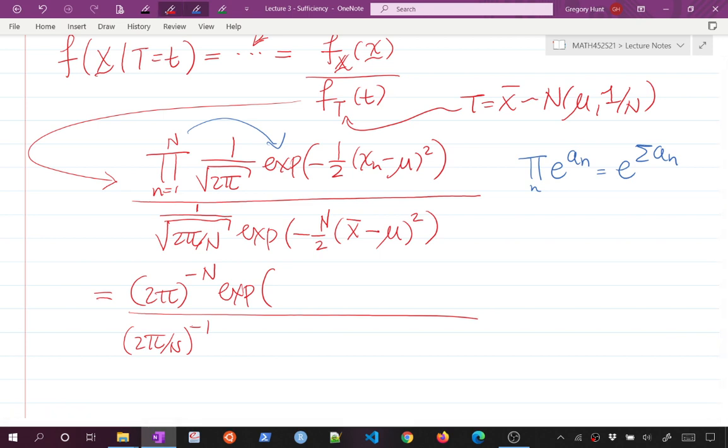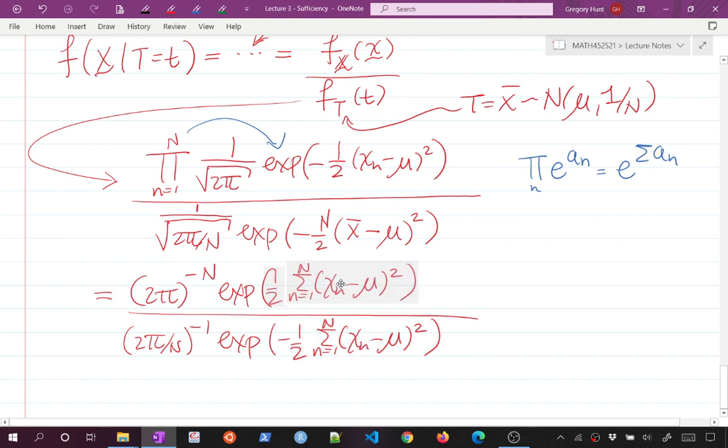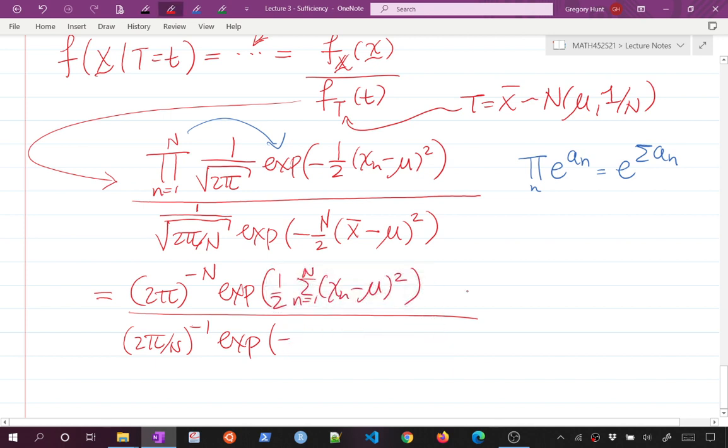So we're going to use this again, and we get the sum from 1 to n of x_n minus mu quantity squared. Let's grab this and move it up top. And the bottom is pretty much unchanged: negative n over 2, x bar minus mu squared.